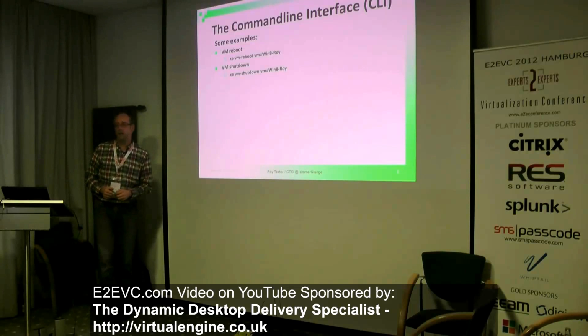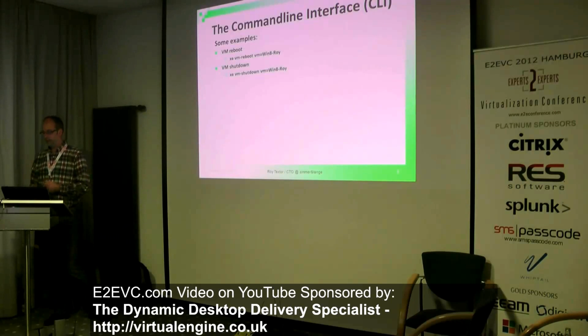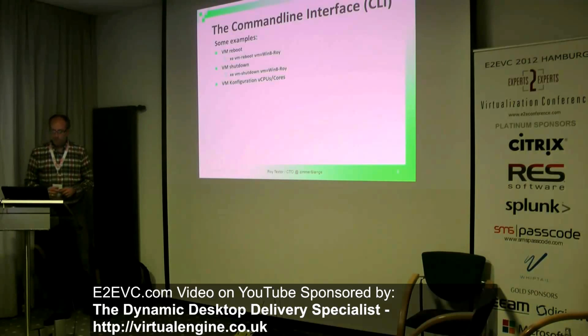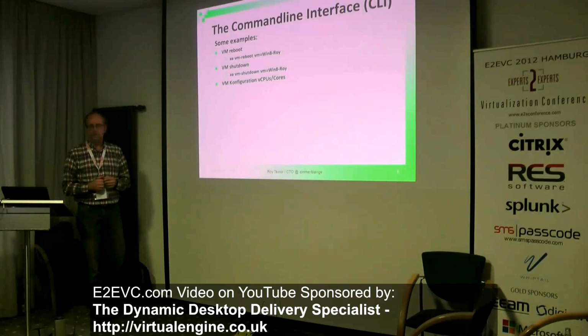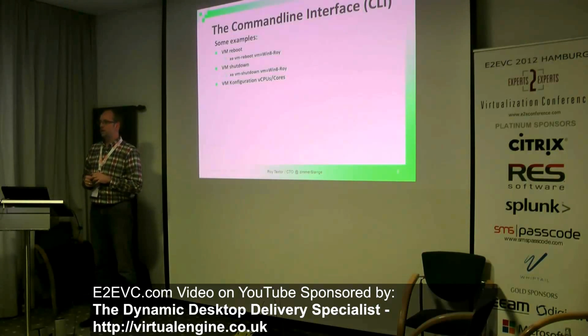Another simple command, vm-shutdown, vm-something, whatever you can imagine is possible with this command line. What I told you a few minutes ago was that not every configuration can be made with XenCenter. You have to use the command line.